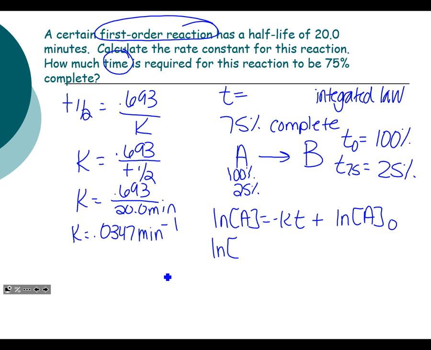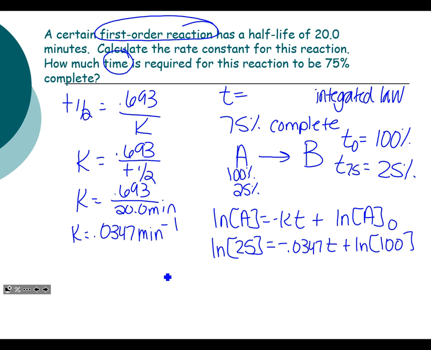So we only have 25% left. We have our K from our previous problem. I'm going to leave out the unit for now because it's going to get a little messy. And we initially had 100%.